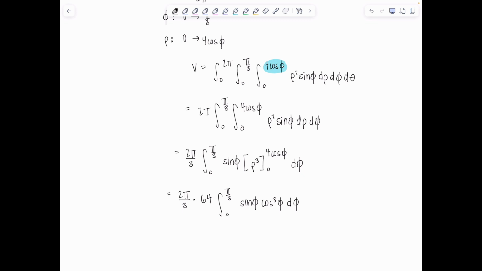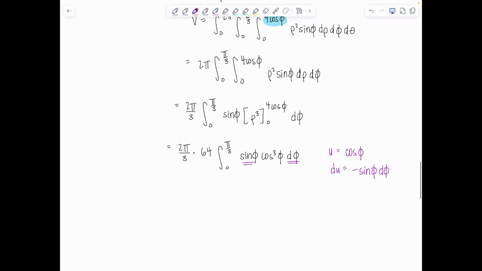We can use substitution, right? Yes. Do you need to write it, or can you do it in your head? Okay. So you would let u be cosine phi, and then du, d phi. So I'm just going to pick up a negative, right? So 2 pi times 64 over 3, that's 128 pi over 3, right?